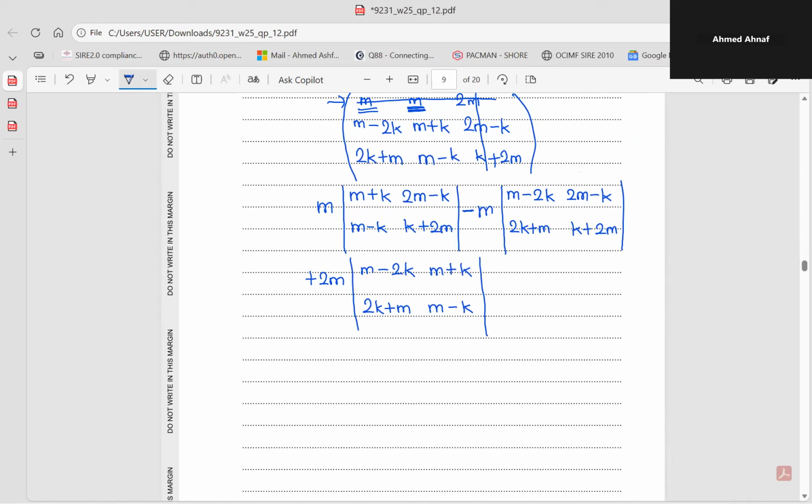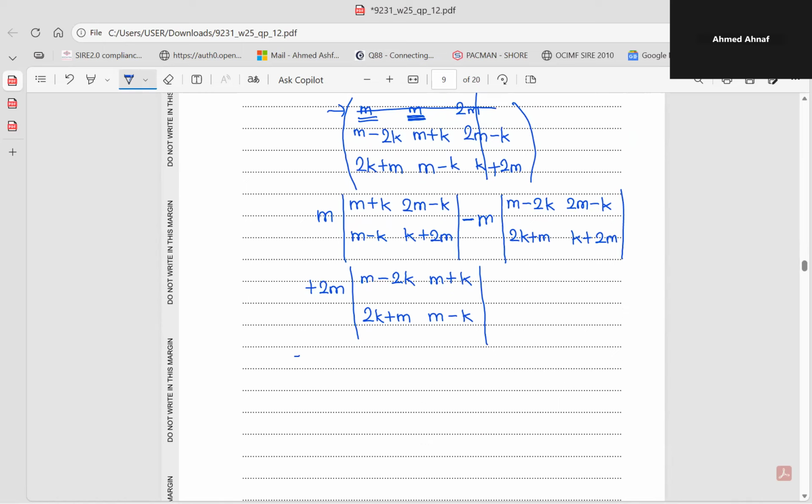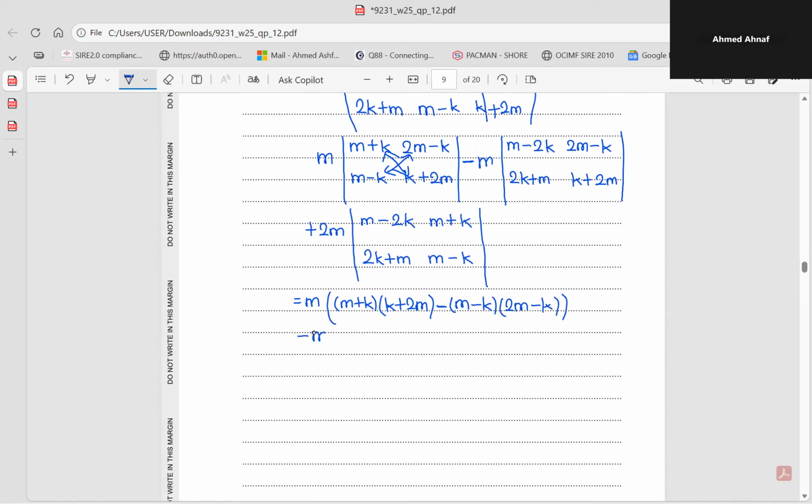All right. Okay, so m times the determinant of this, cross multiply these. So m plus k times k plus 2m, minus these two, m minus k times 2m minus k, minus m times these two.